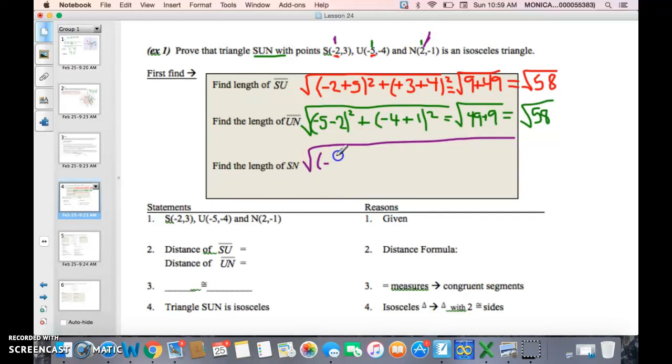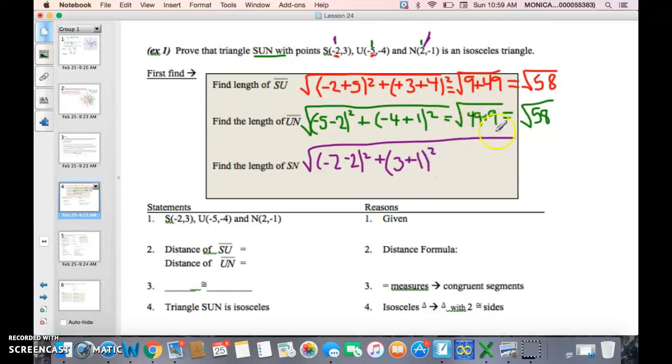And right away, I already know that they're not going to be congruent. Minus 2, and then squared, plus my y coordinates, which are 3, minus negative 1, which is plus 1. And that's going to be squared.